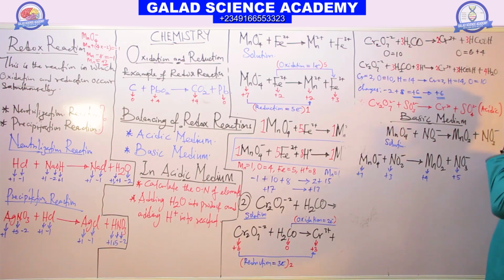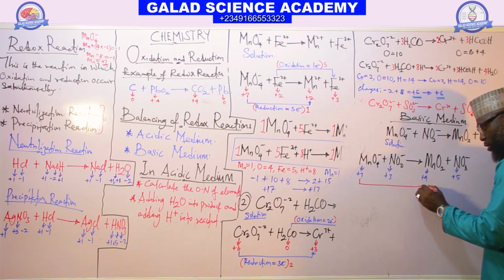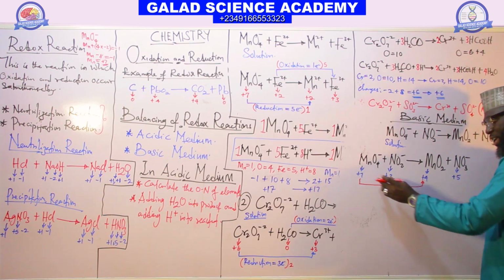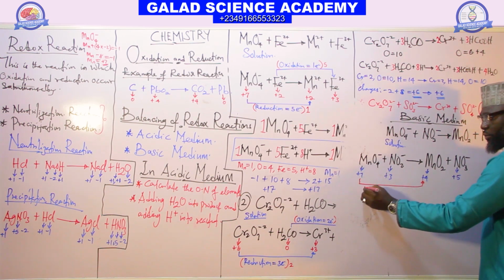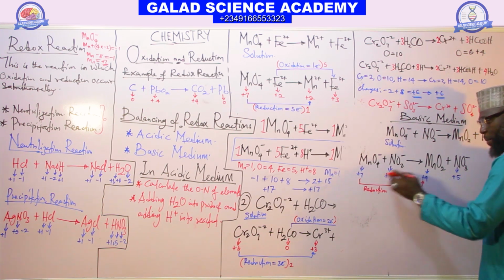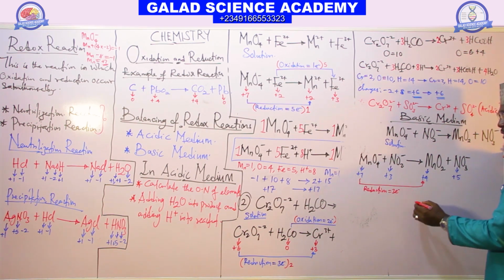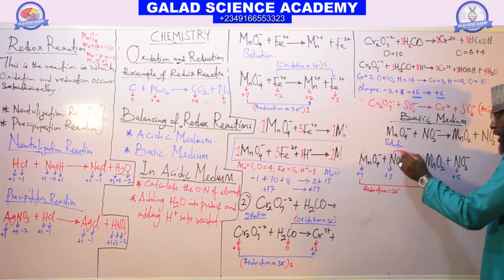Good. Look at the manganese here now. What happened to the manganese? From plus 7 to plus 4. It reduced. Therefore, it undergoes reduction by 3 electrons. But look at nitrogen here.